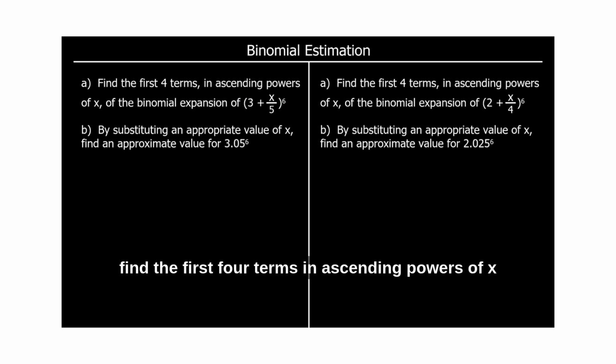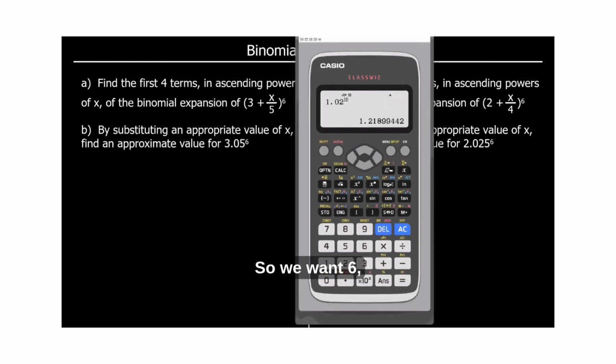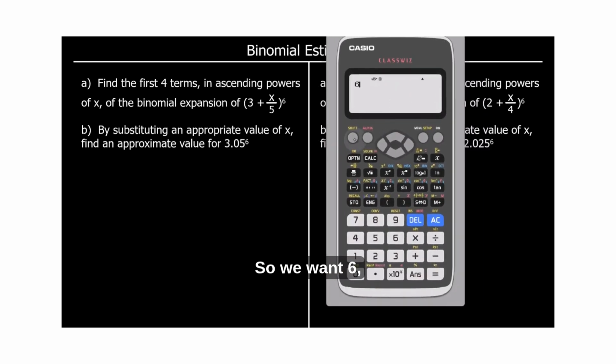Another one, find the first 4 terms in ascending powers of x of the binomial expansion of (3 plus x over 5) to the power of 6. So we want 6 choose 0, which is 1, 6 choose 1, which is 6, and then 15, so 1, 6, 15, 20.